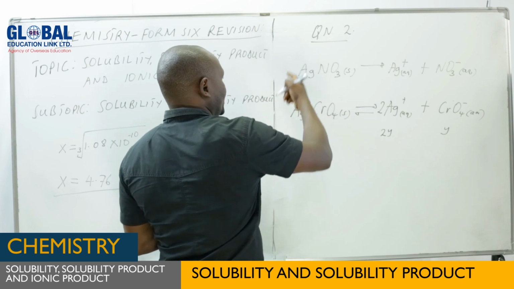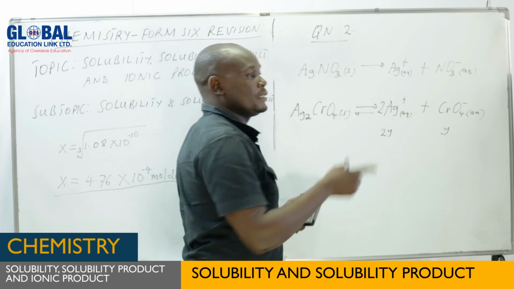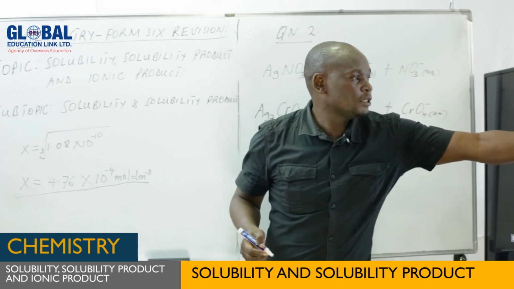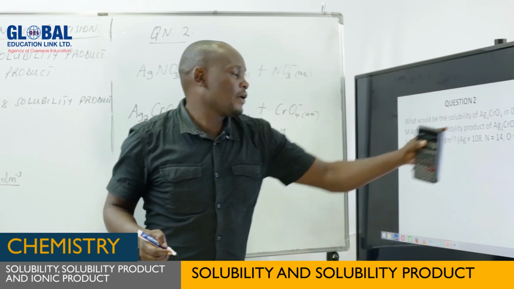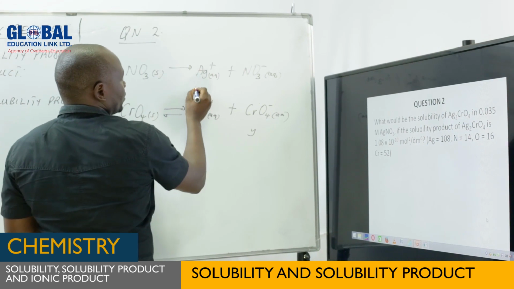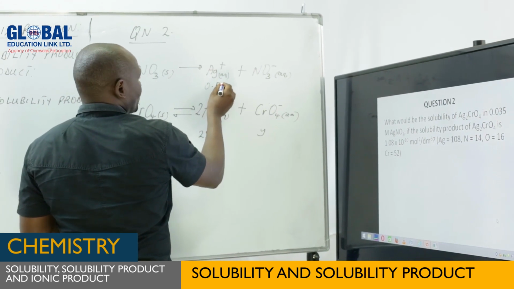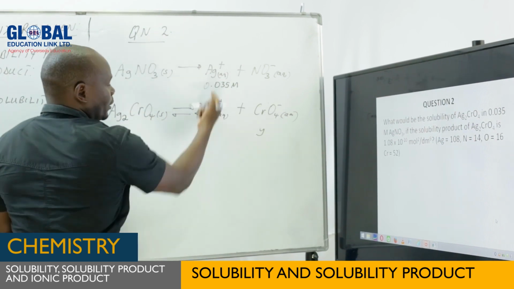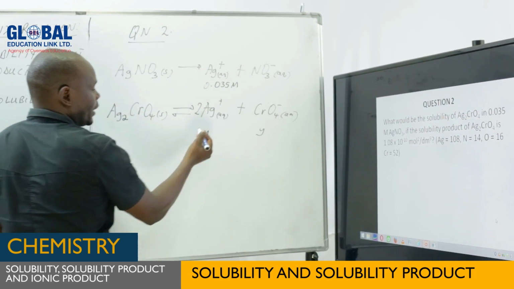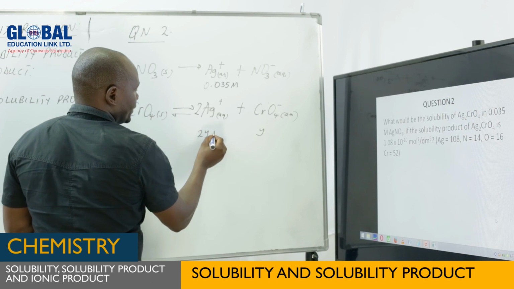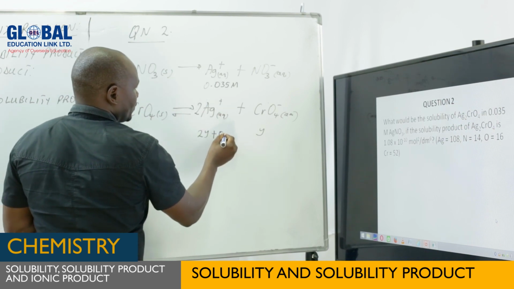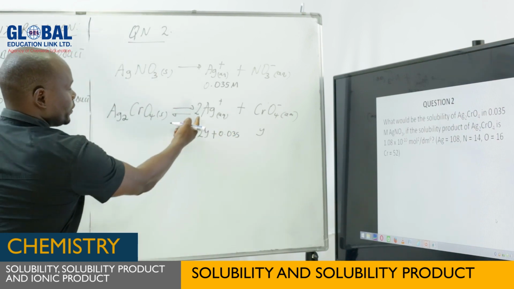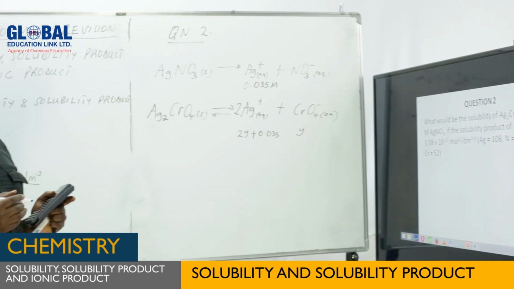The concentration of silver, we have been told in the question, is 0.035 molar. So this is the common ion, that therefore this will be adding 0.035 to the concentration of silver ions.